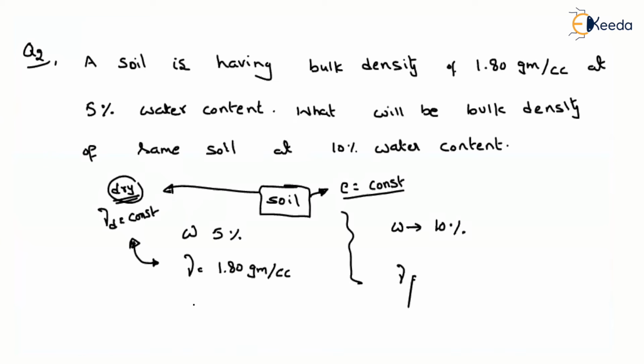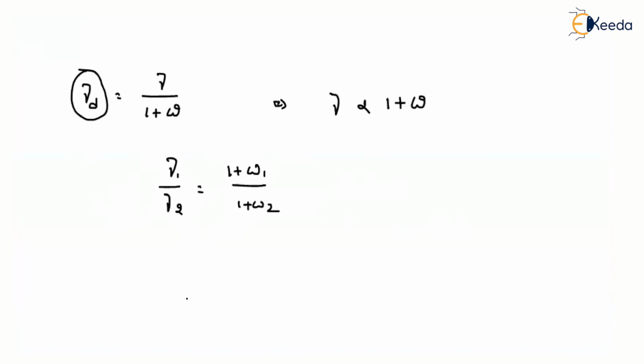Now here let us see, it is the first condition: gamma 1 is 1.80, w1 is 5%. If w2 is 10%, what will be your gamma 2? Substitute the values here. Gamma 1 is given as 1.80. Gamma 2 we have to obtain.